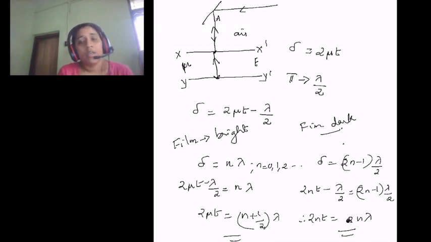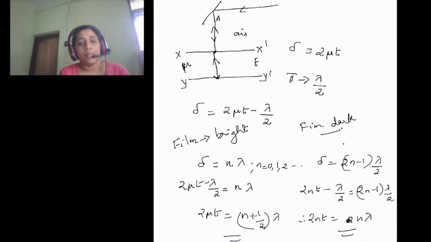Therefore we can consider that the path difference between the two beams will be proportional to 2t, or t plus t. The material of the film has refractive index mu, and therefore the path difference also depends on the material. So the effective path difference will be 2 mu t.